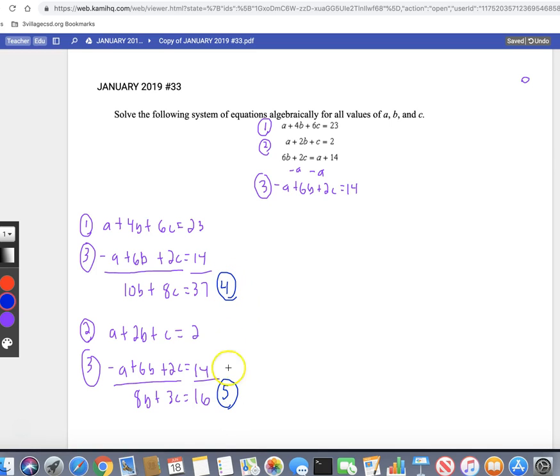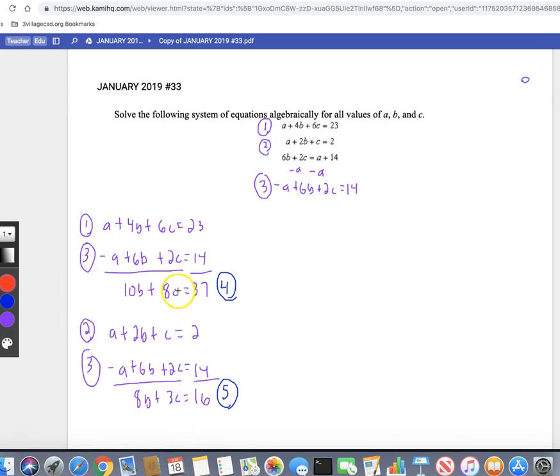So now we have these equations 4 and 5, which we can work together to help solve for either b or c, and then we can go from there. Now, when we solve for b or c here, we try to use the same method of elimination. And I think in this case, it would be easier to eliminate the variable c, because those coefficients are smaller than the coefficients for b, and we would have to do less work to get the variable c to be the same.